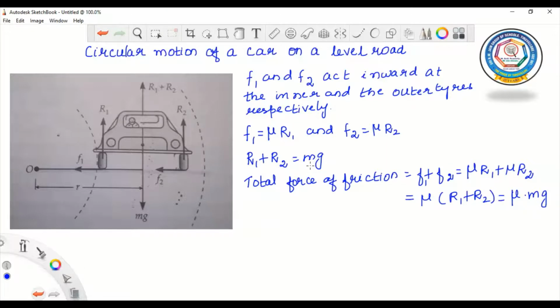Then for the car to stay on the road, the maximum force of friction must be equal to or greater than the centripetal force.